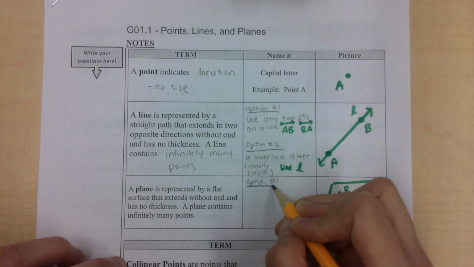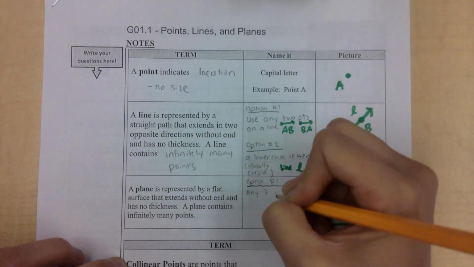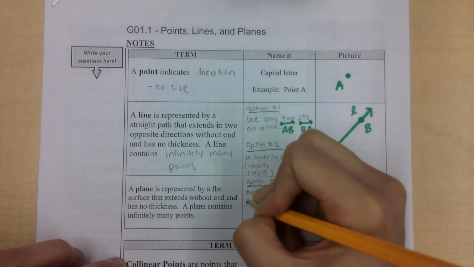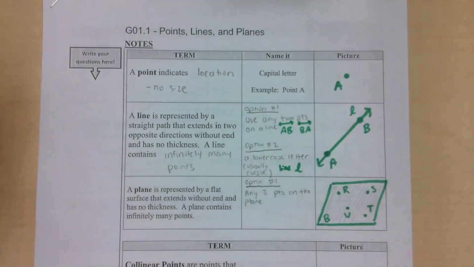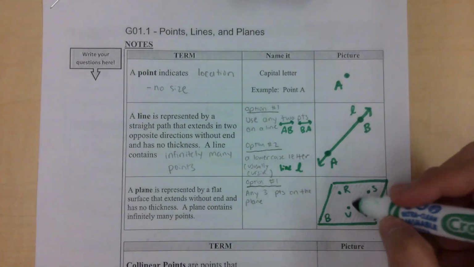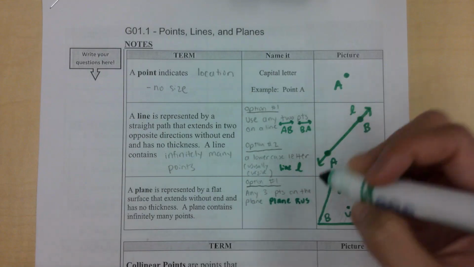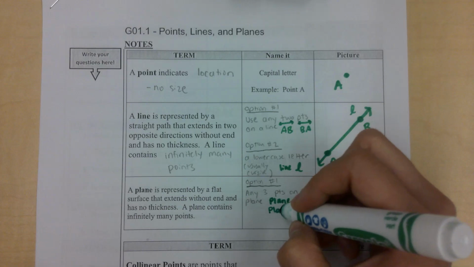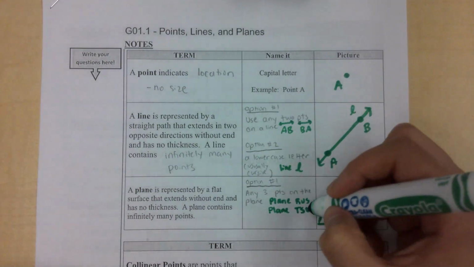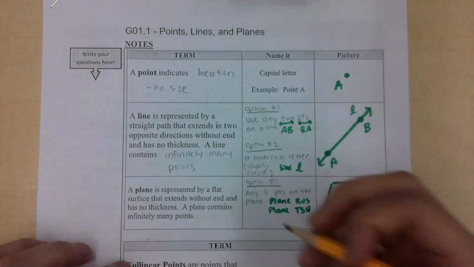Option number 1, we can use any 3 points on the plane. And it doesn't really matter the order. So, for example, let's take R, U, and S. So we could say plane RUS. Or we could say plane, let's do TSU, right? There's a lot of different options. These are just 2.